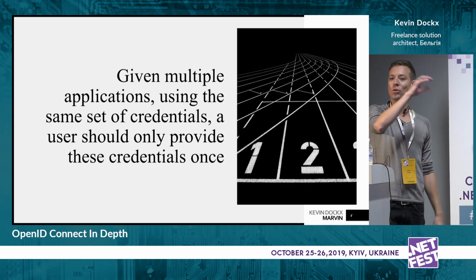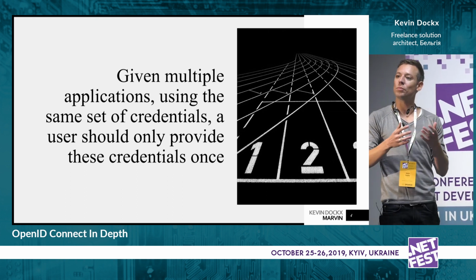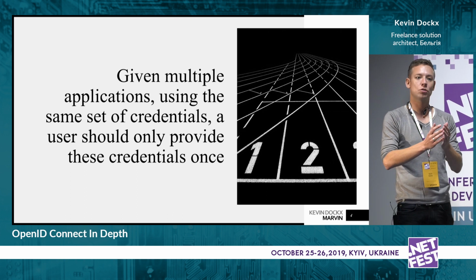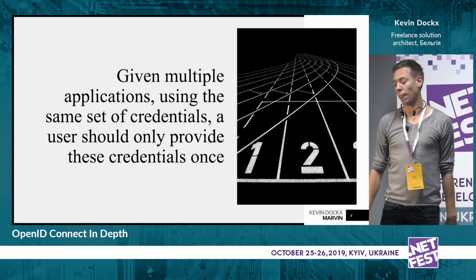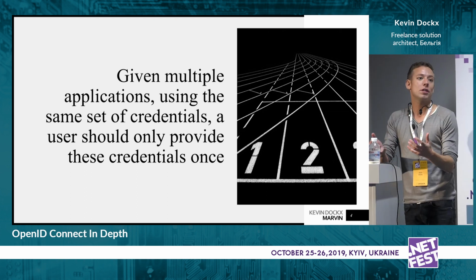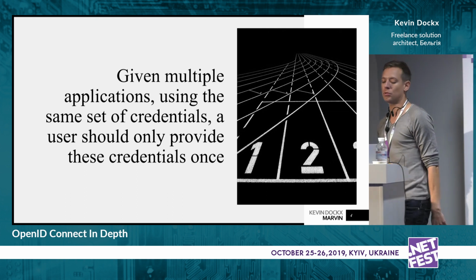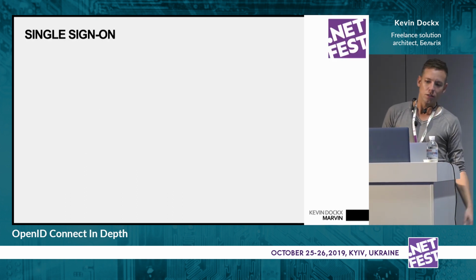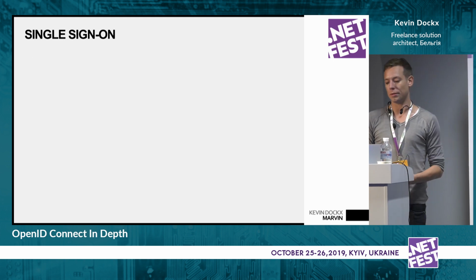Most companies have more than one application running, and an identity provider isn't something you set up for one application. It's always something you set up for a bunch of applications in your company. So if you have that setup, you want to ensure that the user only has to provide this username and password once. So how does this work behind the scenes then?